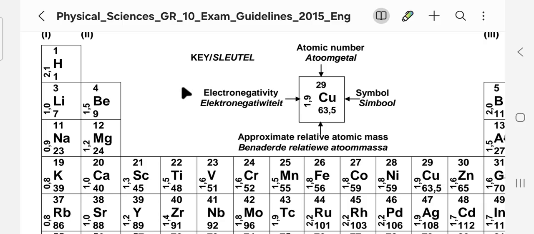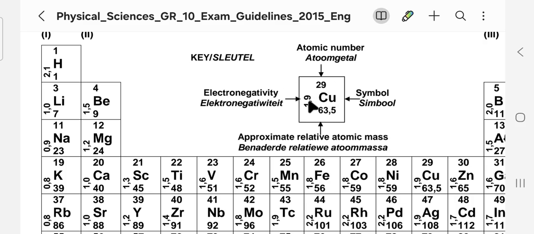And sometimes you'll have 2 letters where one is big and the other is small. Okay, so that would be our element. An example here is Cu, which is the symbol for the copper element. And then we have 3 numbers around this Cu: 29, 1, and 63,5.